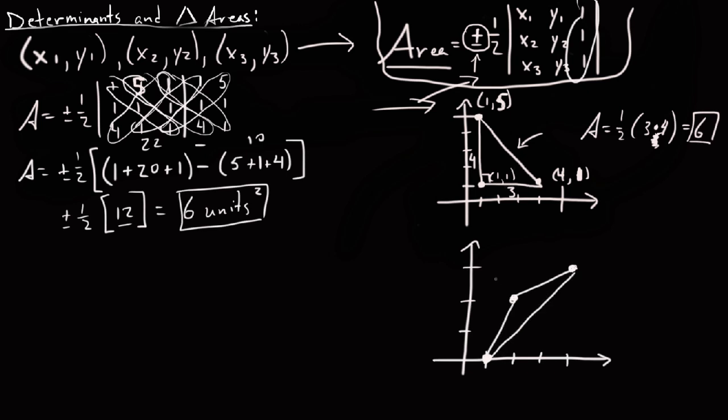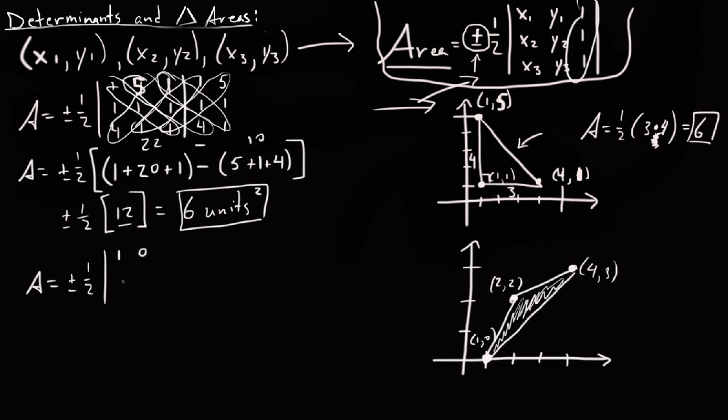So again, we have 2, 2, 1, 0, and 4, 3. Finding the area of this, of course, is not the only way to do it, but it's a nice convenient way to do so. Running our formula, the area is plus or minus 1/2 times the determinant of this matrix in which we drop in our 3 vertices.